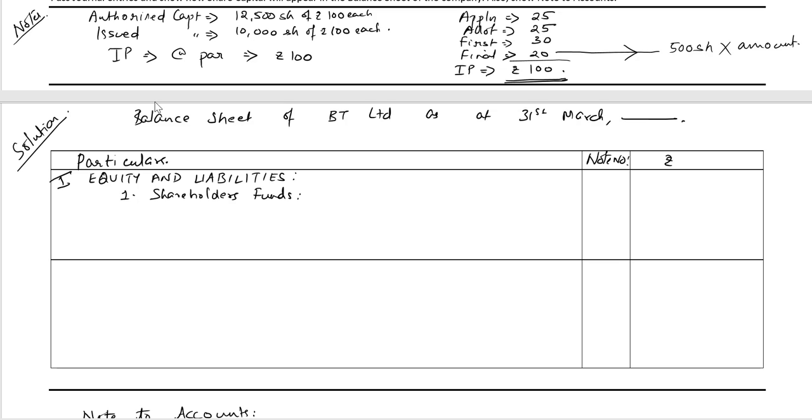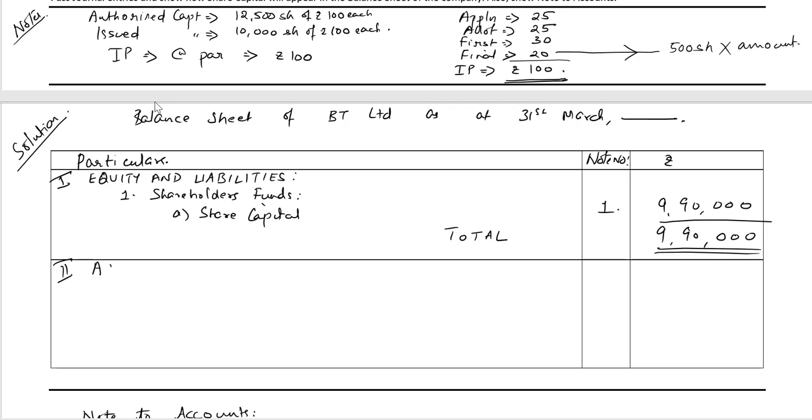Under that, A is share capital. As per note 1 for share capital, amount is 9,90,000 rupees, and the total of the equity and liability part of the balance sheet is also 9,90,000 rupees.